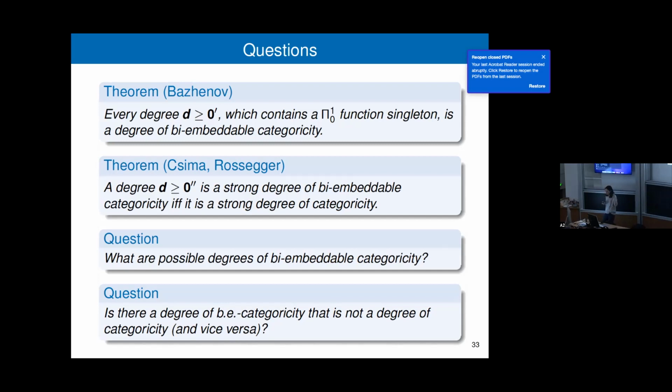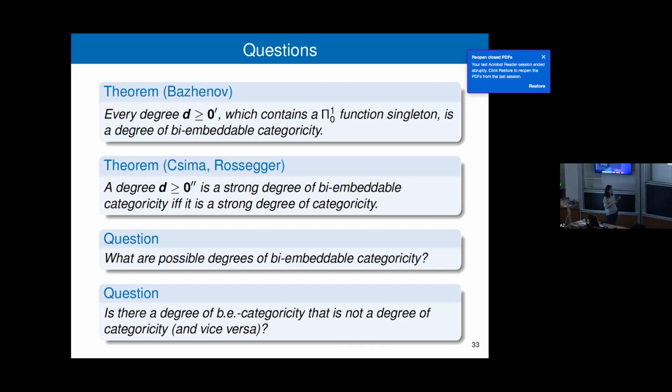There are also some relatively new results in this direction. First of all, Bazhenov got more examples of degrees of bi-embeddable categoricity. And then Csima and Rossegger proved that if we have a degree d above 0 double jump, then it is a strong degree of BE categoricity if and only if it is a strong degree of categoricity.